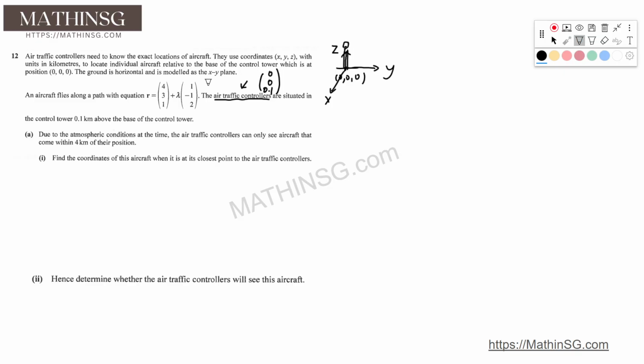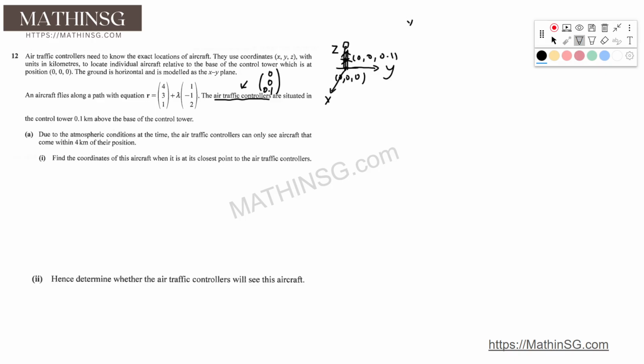So in other words, let's assume that this point here is 0, 0, 0.1. So this is where the air traffic controllers are, and they can only sense anything that is within 4 kilometers from this position.